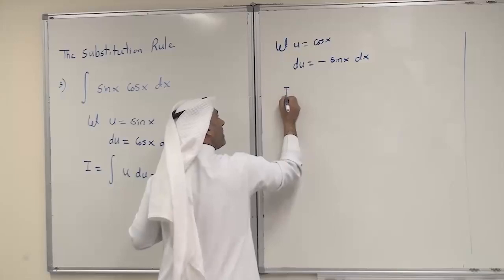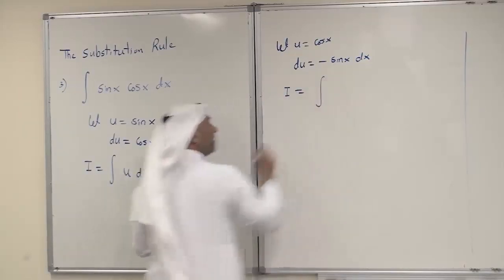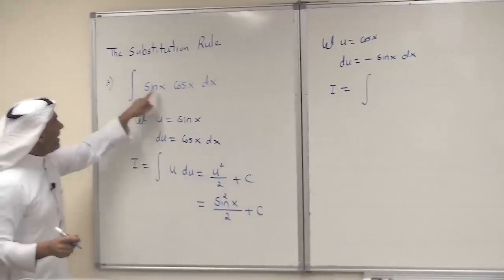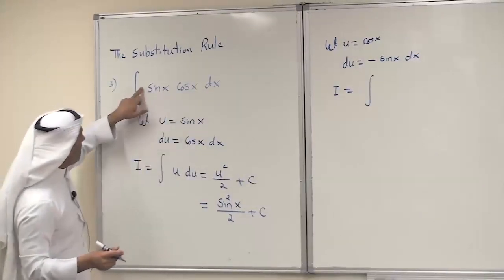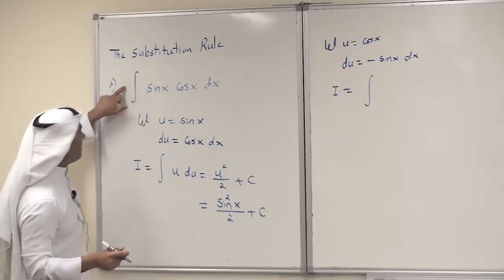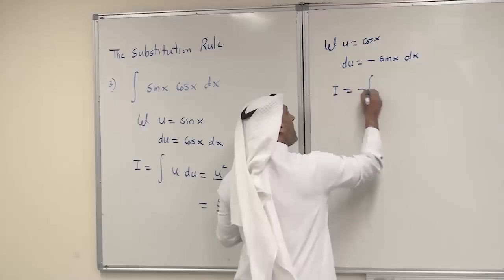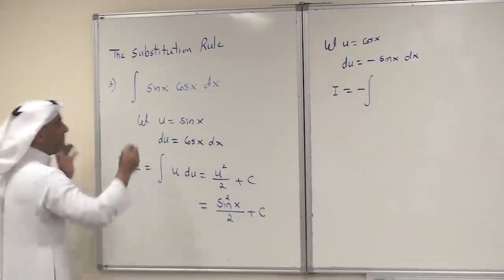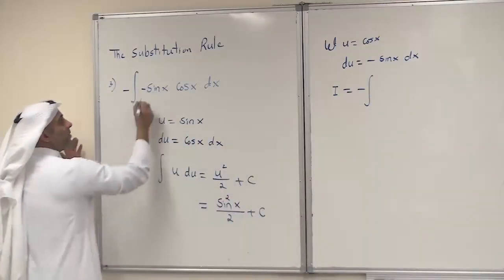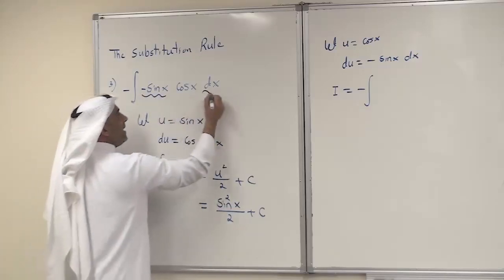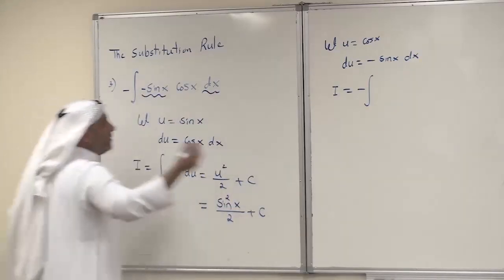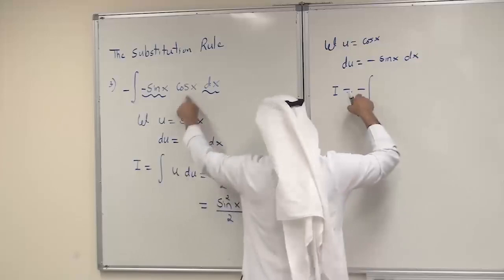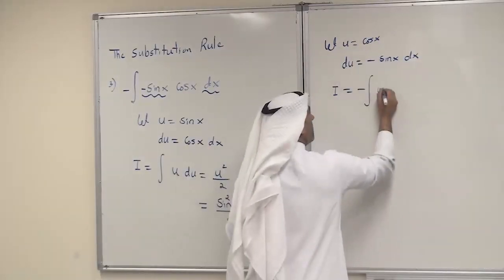So going back to the integral, I need minus sine x dx, so I will put a minus sign outside. I have a minus sign here, a minus sign here, so minus sine x dx, this is du. So what do we have? Cosine is equal to u, so it is minus u du.